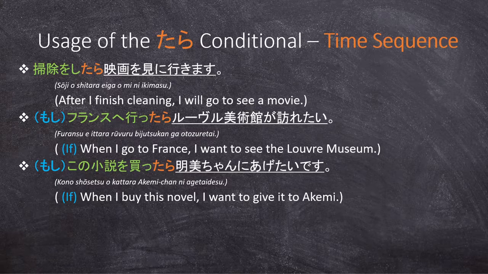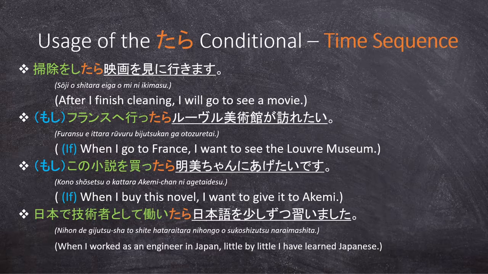So that is why I'm stressing this usage of Moshi so much, simply because I advise to be as clear as possible when using it as a conditional. And that is why I like always to say that when you are using Tara as a conditional, Moshi is a must.